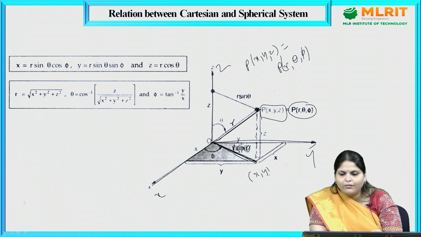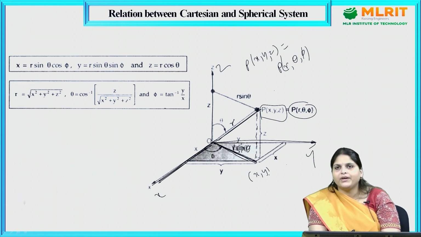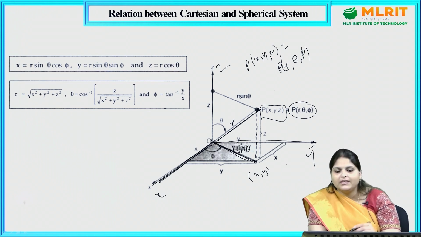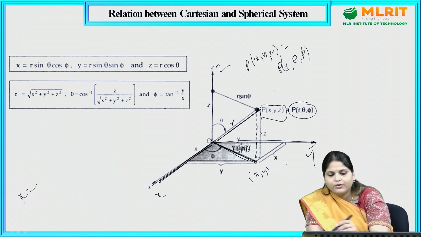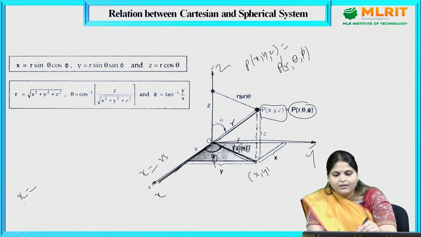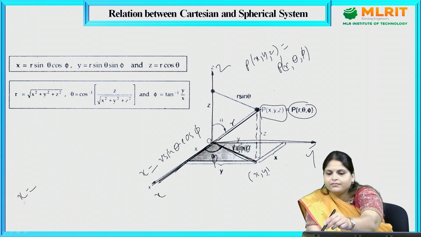Now I have some points in the spherical coordinate system and I want to convert them into the Cartesian coordinate system. If we see here, we already have this r sin theta and this angle is phi. So x is r sin theta, and because phi is the angle with the x axis, it becomes cos phi. So x equals r sin theta cos phi.